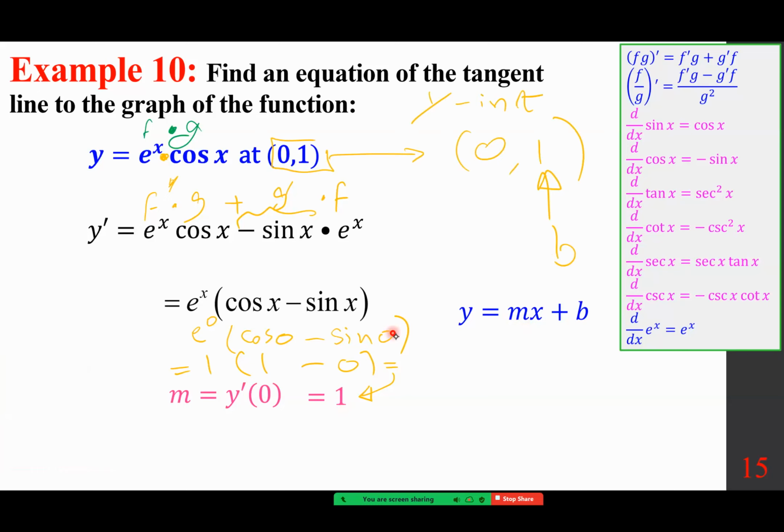It so happened that m and b are both 1. Don't mix them up. This one was calculated as 1. This was given as 1. So finding an equation of a tangent line, this time we use the easy way out, formulas instead of the definition.